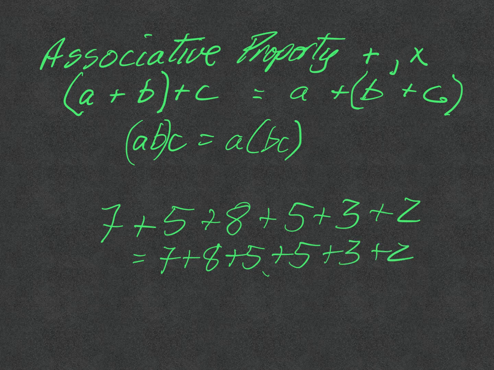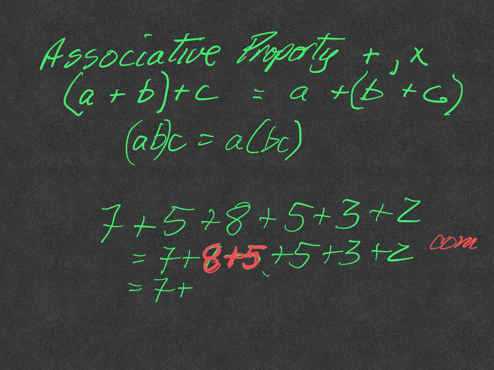And just so you know, I have switched positions on the 8 and the 5. Okay, so I have used a commutative property right there. However, I still don't want to add the 8 and the 5. I much rather would add the 5 and the 5 first. So what happens then is I basically swap a grouping.